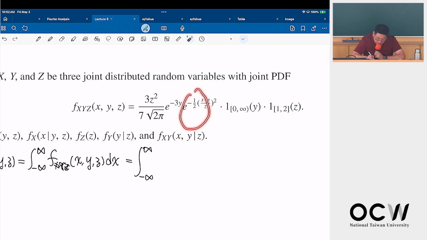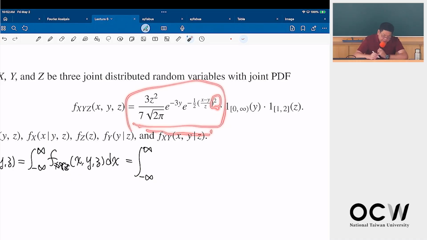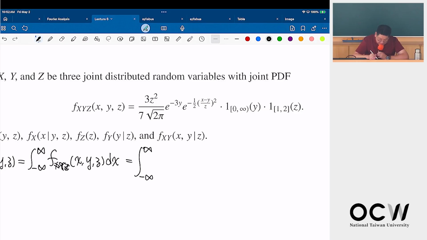I have an exponential to the power square, so we can rearrange this joint PDF. You can also see I have 1 over square root of 2 pi. So let's rearrange it as 1 over square root of 2 pi, exponential of minus 1/2 times (x minus y divided by z) squared.